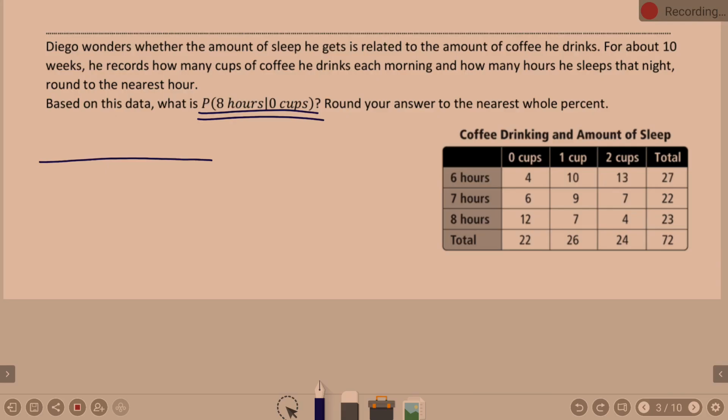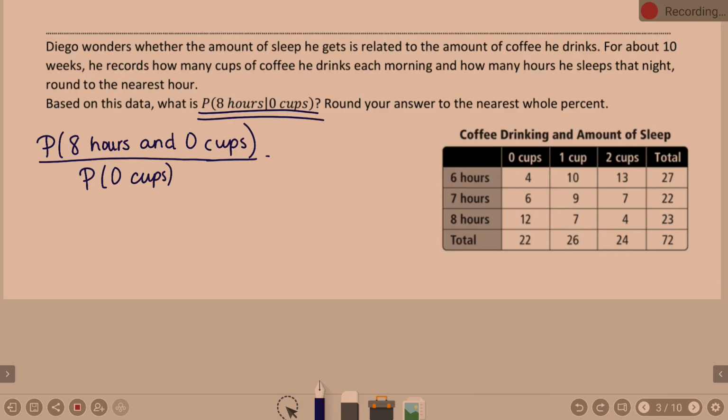It's the probability of 8 hours and 0 cups. Or basically, how many times did that happen, right? How many times did he get 8 hours of sleep and drink 0 cups of coffee? Over, okay, here's the one you have to know. What goes on bottom? 0 cups. Okay, the probability of him having 0 cups of coffee, the condition.